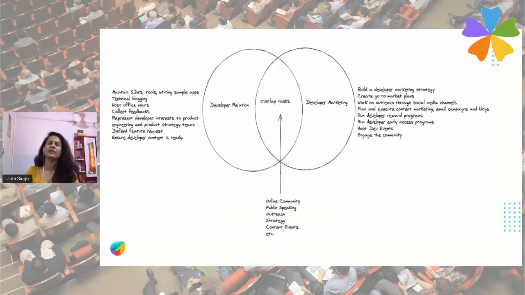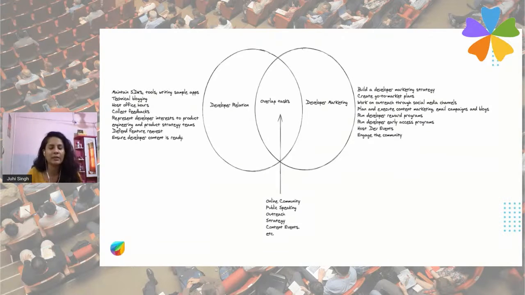When I talk about the differentiation between developer relations and developer marketing, the very first question you might ask me is whether there is an overlap between the two. Yes, there is. There are a few overlaps in the kind of metrics developer relations looks for and the kind of metrics developer marketing looks for, and also some overlaps in the jobs.